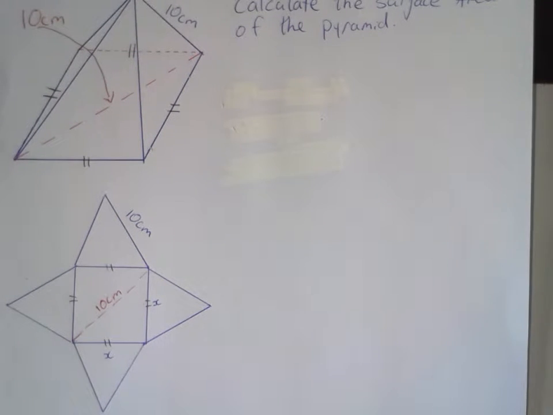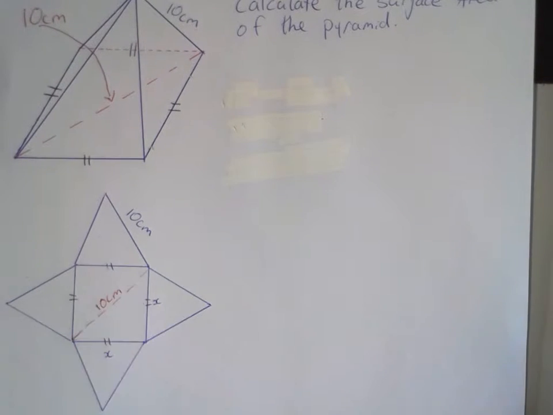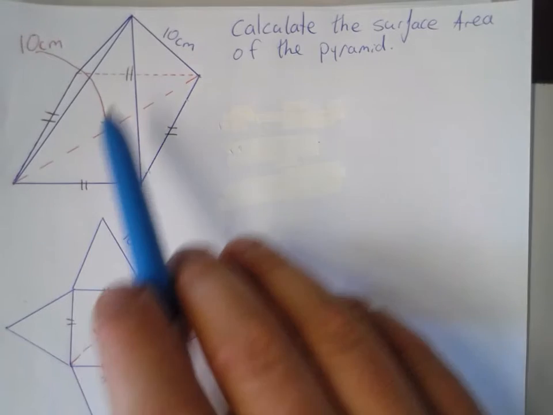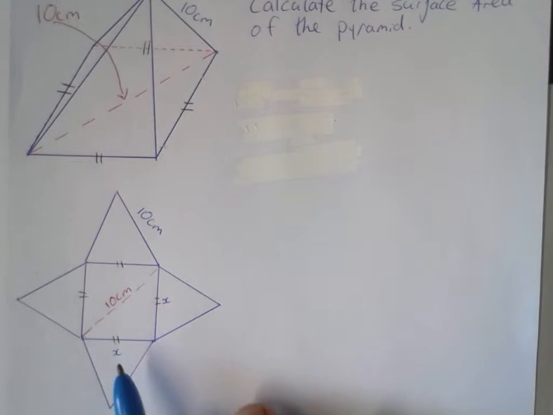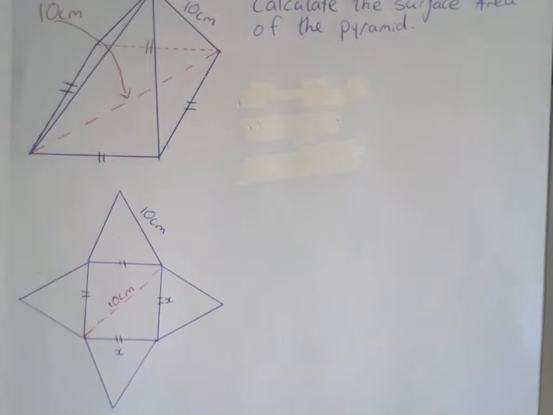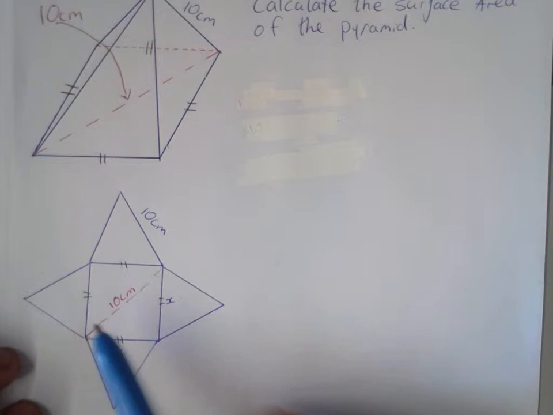Now what I'm going to do first, I'm going to label these sides x. They're all the same length. I'm told that via these dashes here. So using this, I can use Pythagoras in order to determine the length of x, because this 10 centimeters is a hypotenuse.